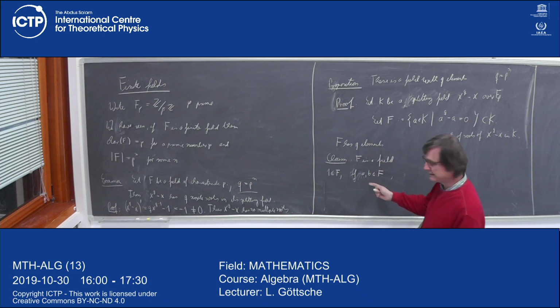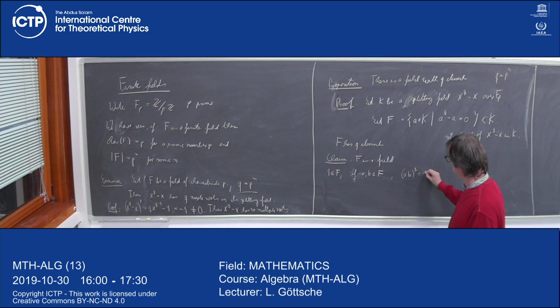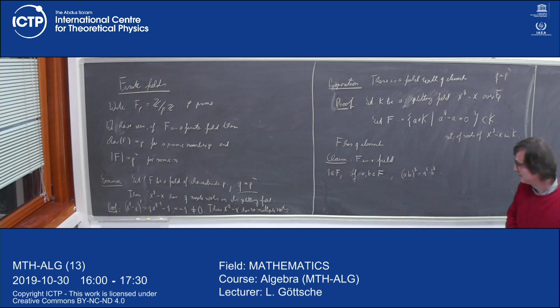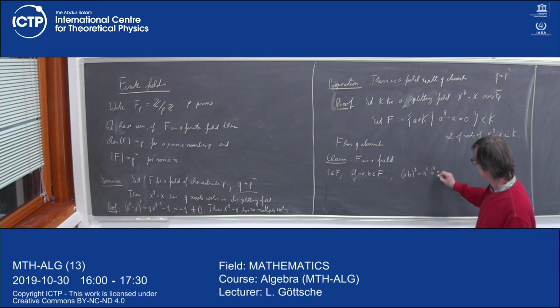We want to show that A times B is in F. If we take A, B to the Q, this is A to the Q times B to the Q, just because we're in a field. And A lies in F, so A to the Q is equal to A, and B to the Q is equal to B. And so it follows that AB is in F.